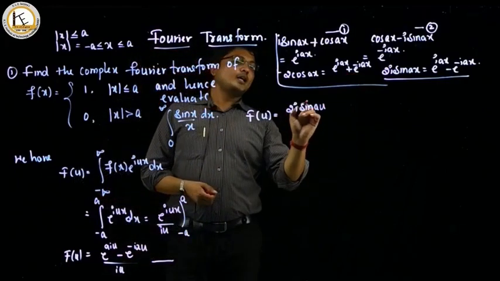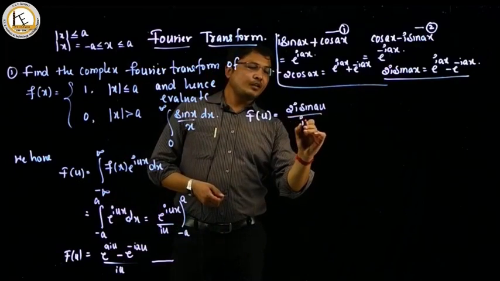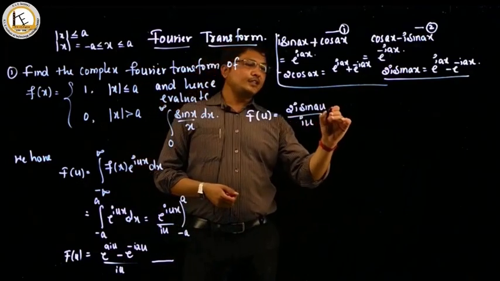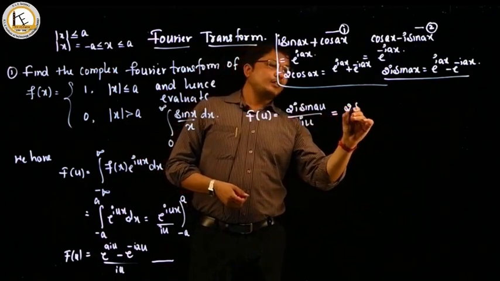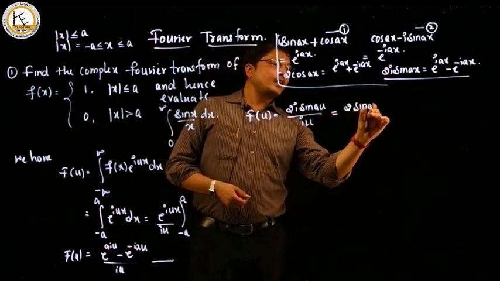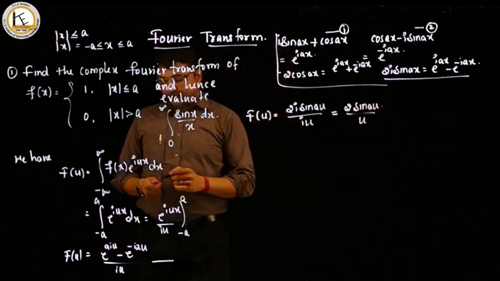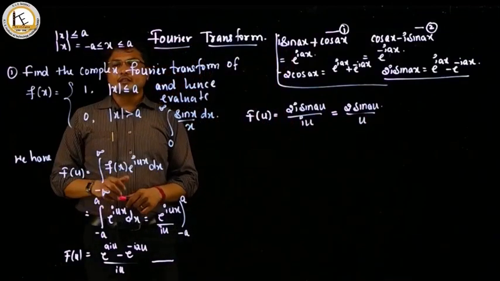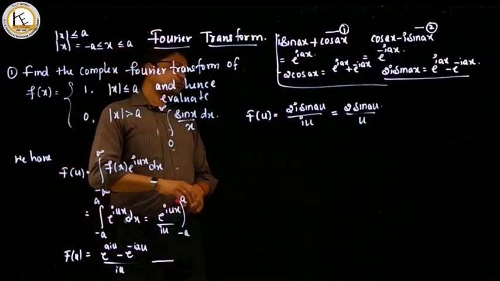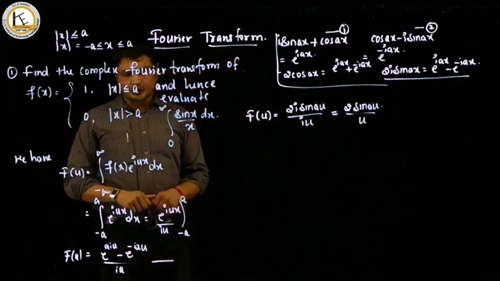So 2i sine au divided by iu. The i gets cancelled, and we have 2 times sine au divided by u. So this is the Fourier transform of the given function f of x. This is the first part of this question.